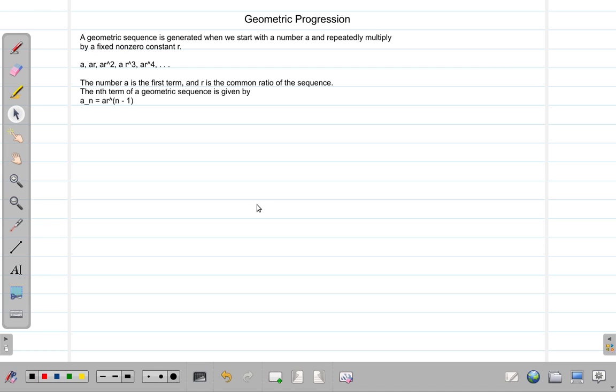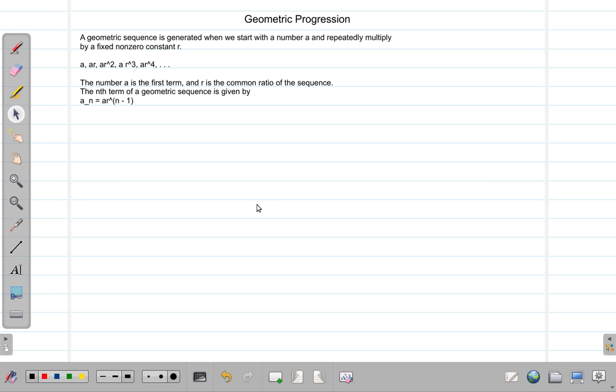Whatever you added to the first to get the second, you add that same number to the second to get the third term. In order to get the fourth, you add it to the third. So you keep adding that number to get the next term.